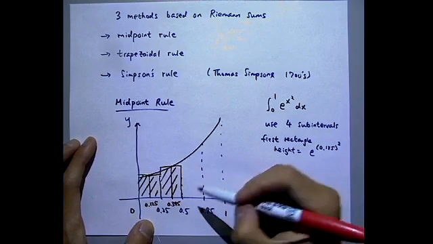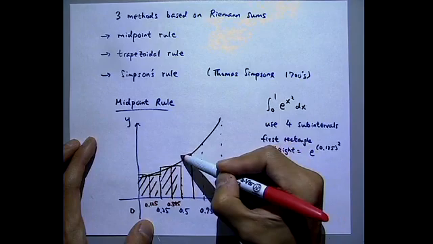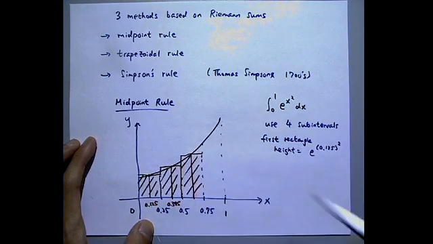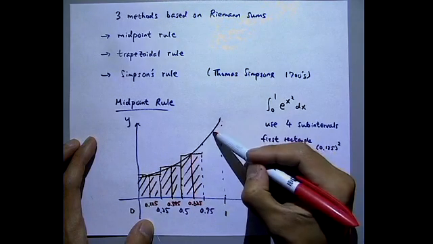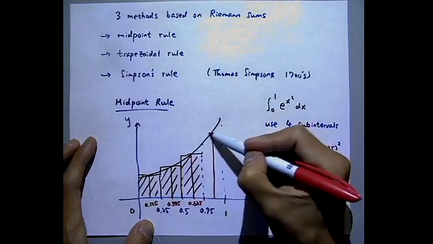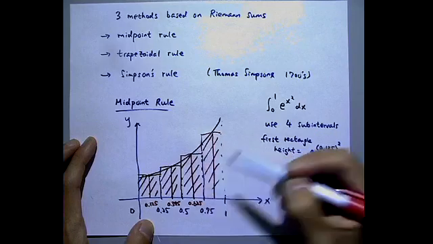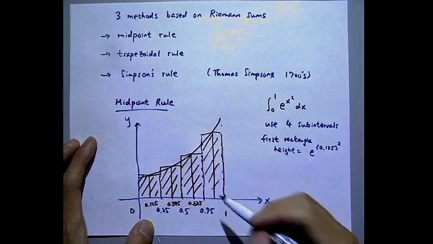And then we keep doing that. This is 0.625. And then the last one, 0.875.